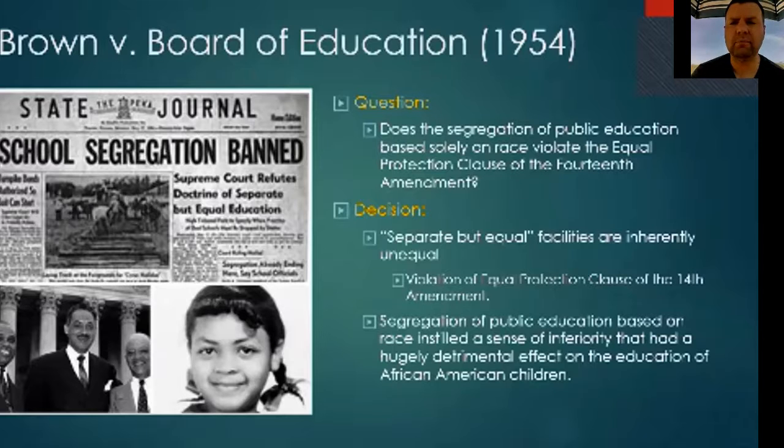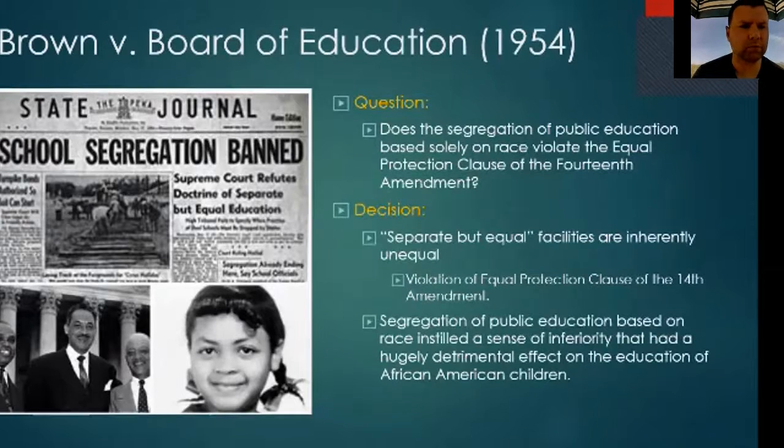Here, they basically said when it came to schools, you could not have separate and equal facilities in regards to education, because segregation of public education based on race instilled a sense of inferiority that had a huge detriment on the education of African American children. So you can't have separate but equal schools. So it ended segregation of schools.